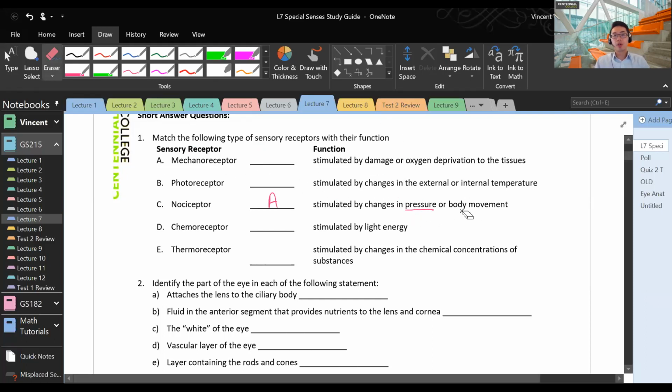But mechanoreceptors are also found in the inner ear, where when you move your head sideways, up, down, or if you're falling, speeding up, accelerating, all that body movement is also detected by mechanoreceptors. So changes in pressure, in the skin, and body movement, for example, in the ear.